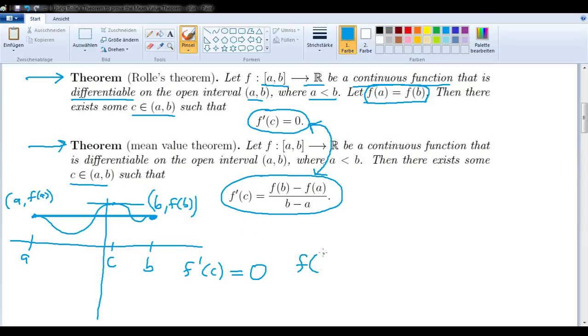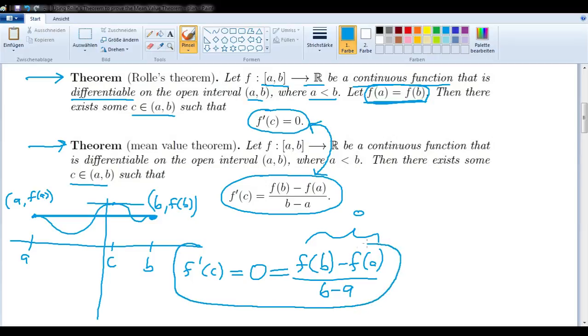So let's calculate the slope of that line. It would be (f(b) minus f(a)) over (b minus a), right? And since f(a) is equal to f(b), this would be 0, right? In other words, we could put an equal sign here and say that this is what Rolle's theorem says.